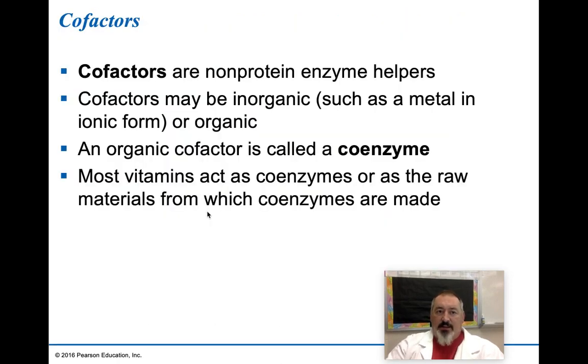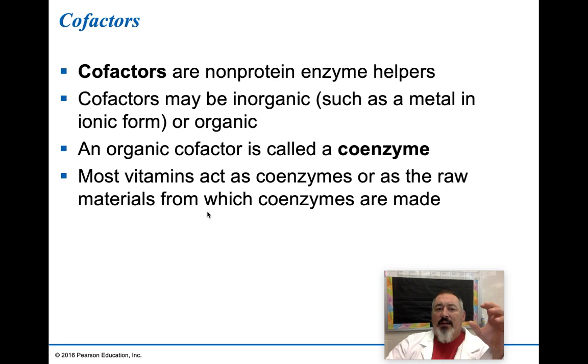Now, when you look at enzymes, they're going to have some other pieces that are sometimes embedded in them, like cofactors. Cofactors are helpers that make sure things get done, and they do this at a very specific spot. Take a cofactor like zinc as an example.